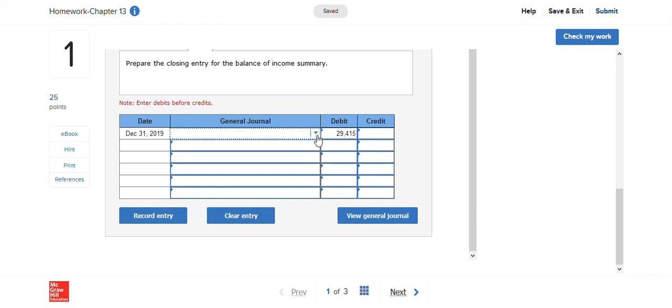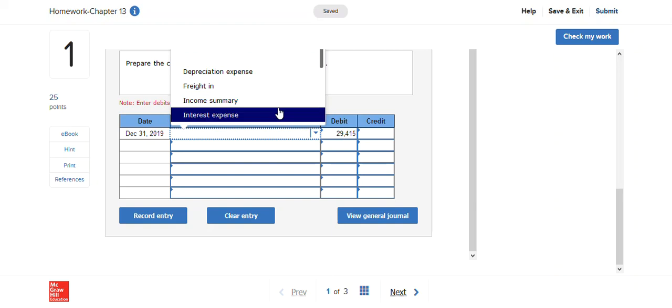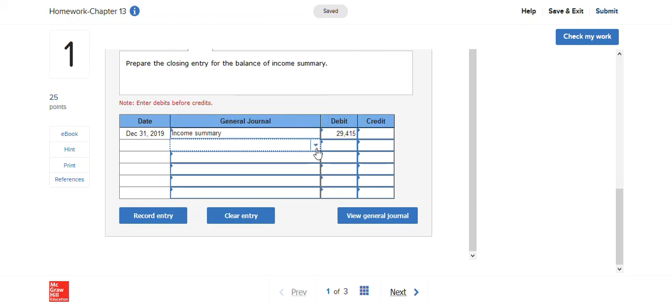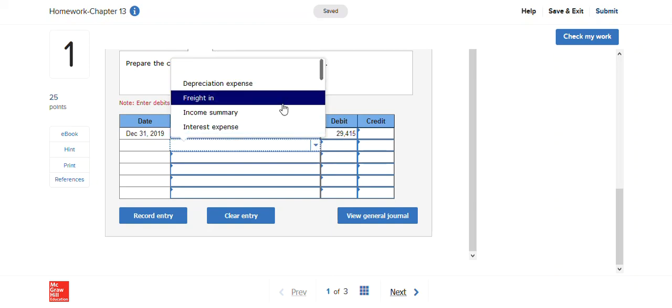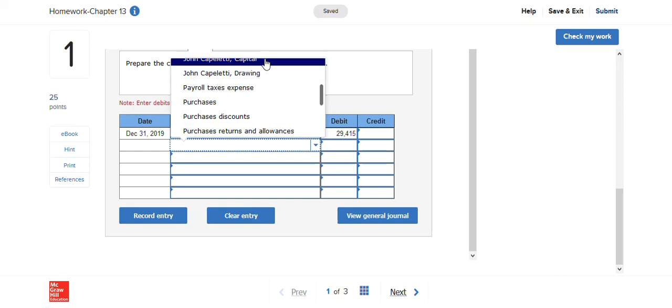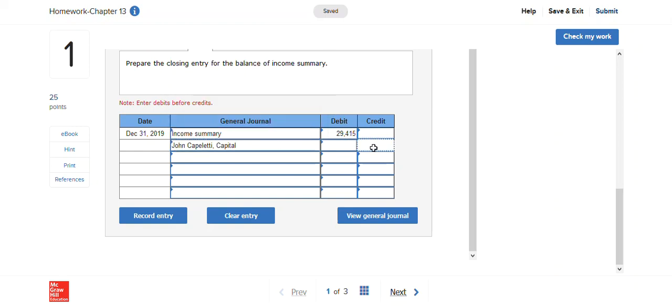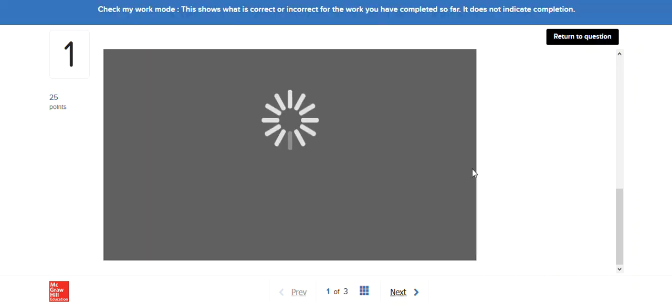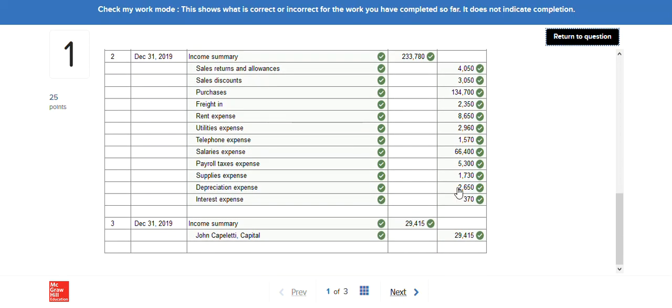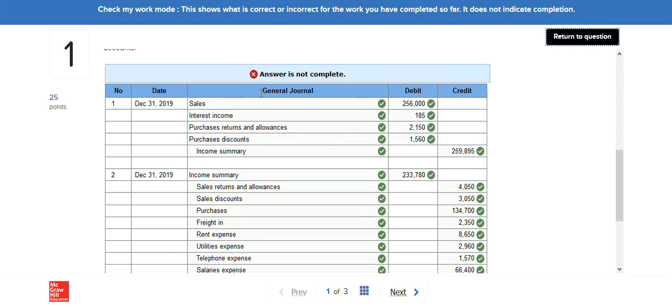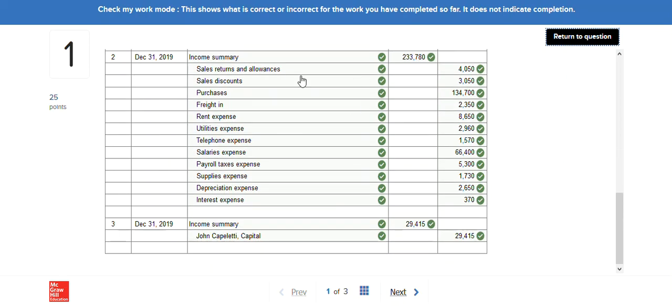So to get rid of that credit balance, I'm going to debit. And of course, when we close out income summary, it goes into the capital account. Let me check and make sure that I got those amounts right. Yeah, so here's your closing out your sales and other credit items, closing out your expenses and other debit items, and then we closed out our income summary.